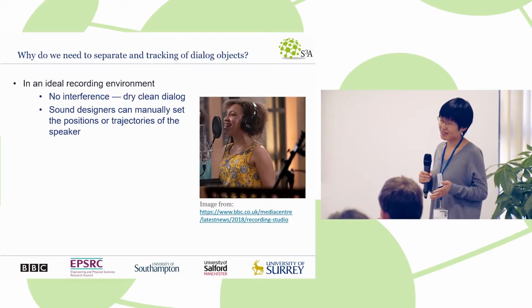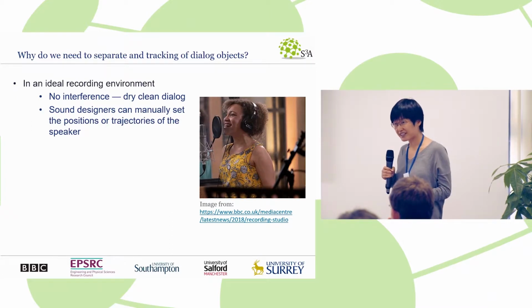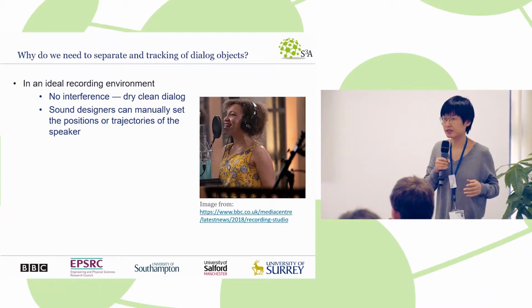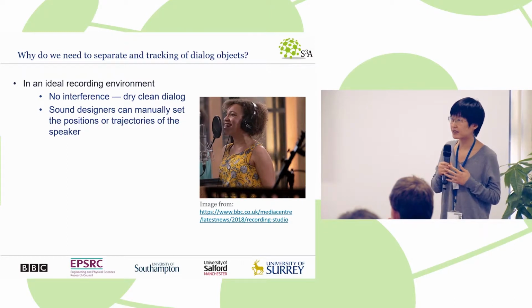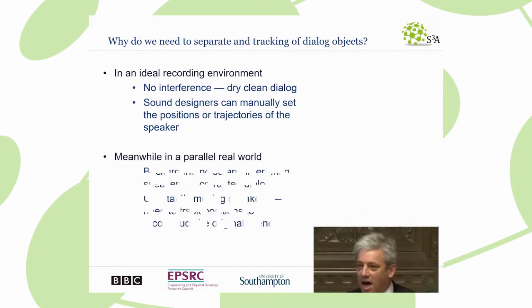We know that in some ideal recording environments, we can directly record clean speech signals without much interference. The sound designers or producers can just manually set the positions of the speech in a sound scene. But in some other real world recordings, things are a little bit different.